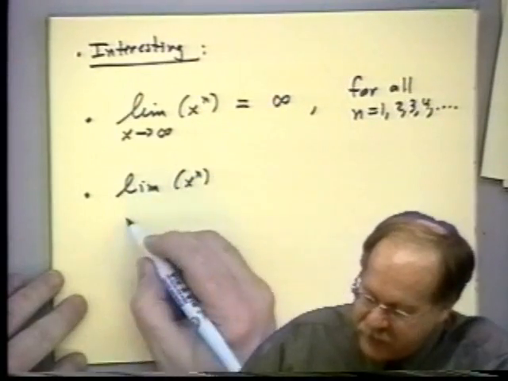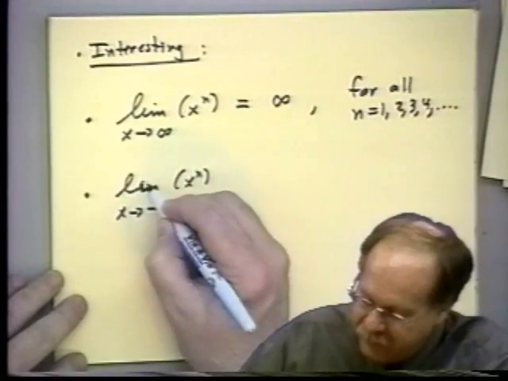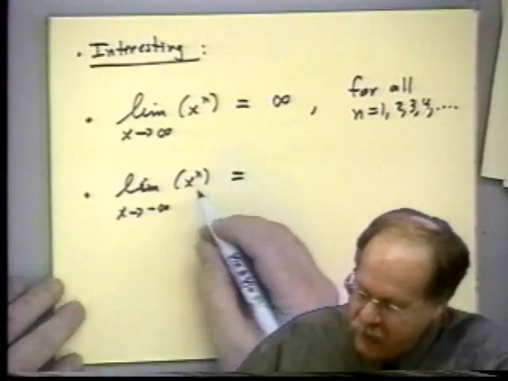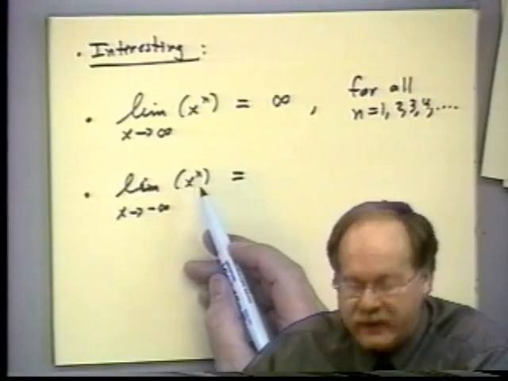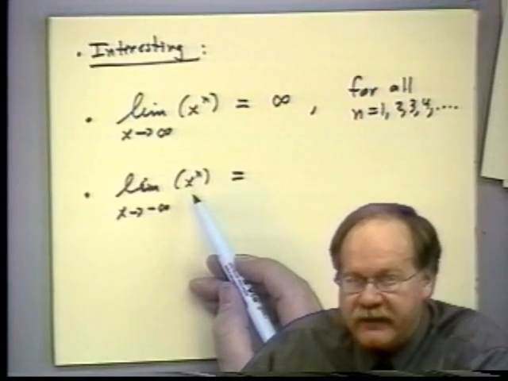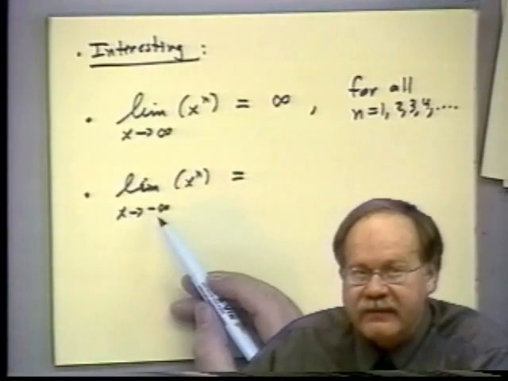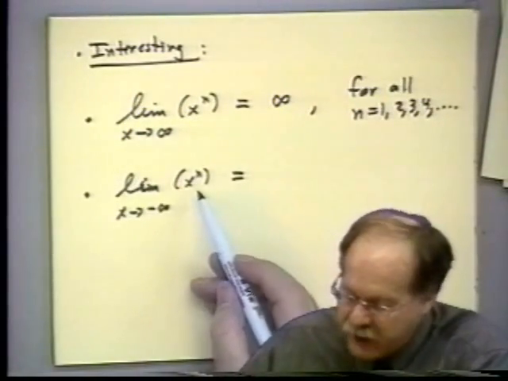Let's take the limit of x to the n, the same function, as x approaches minus infinity. Now, if you think about this, something happens depending on what n is. If n is even, negative numbers are made positive. If n is odd, negative numbers are preserved, or at least their sign is preserved.